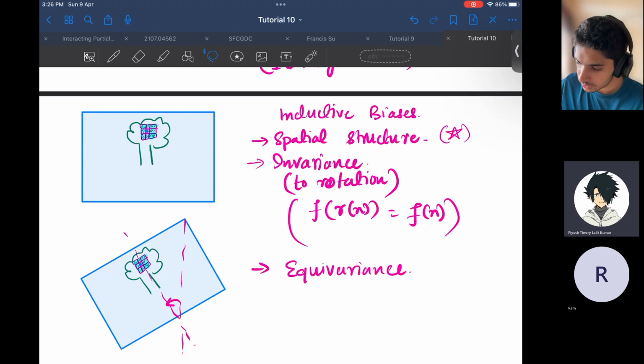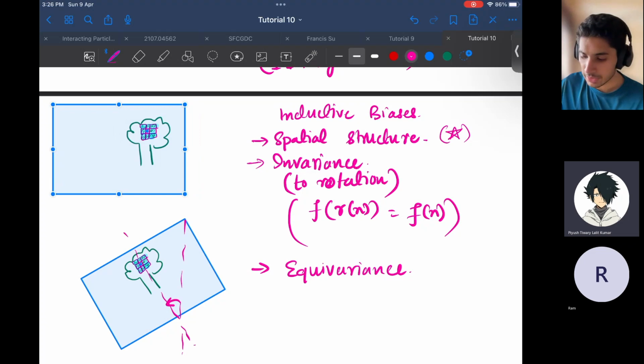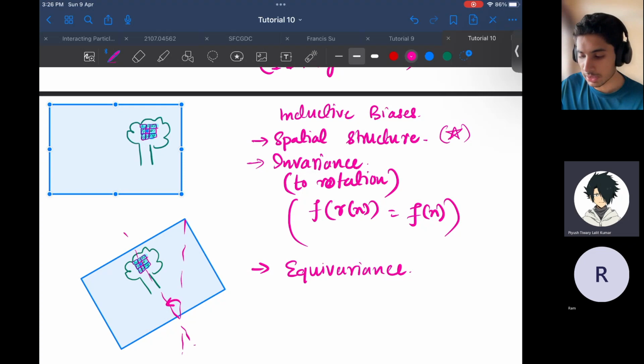Earlier, my image was something like this, the tree was sitting in the middle. Now what I did was, I shifted this tree to the right, and now my image looks something like this.